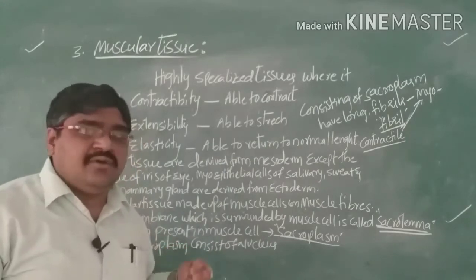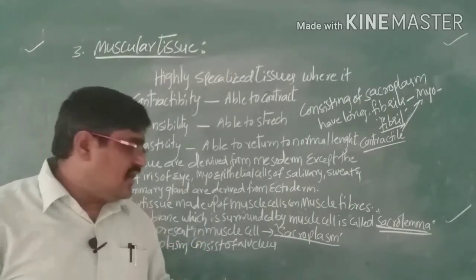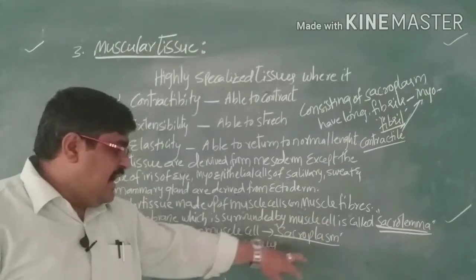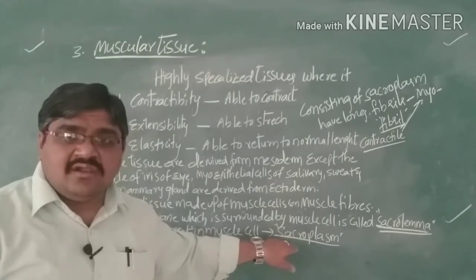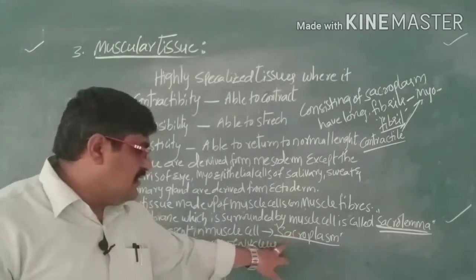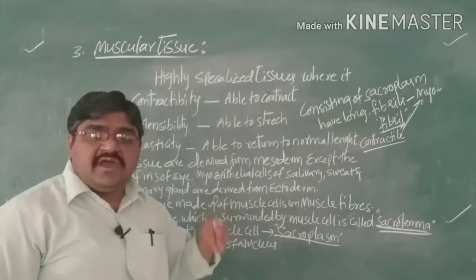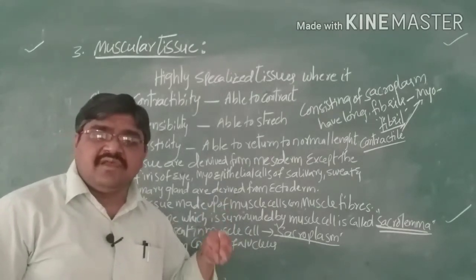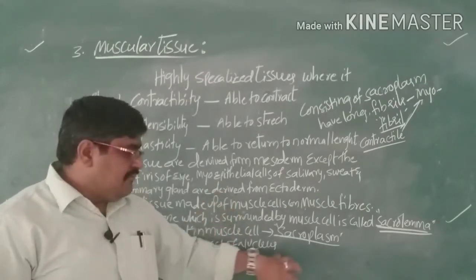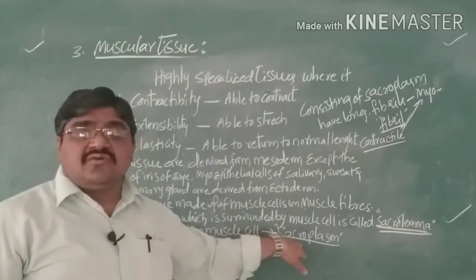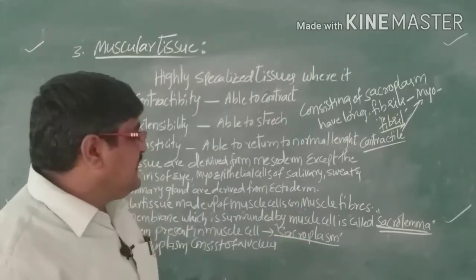That plasma membrane surrounding the muscle fibers or muscle cells, we can call as the sarcolemma, and the cytoplasm contained in the muscle cells we can call as the sarcoplasm.